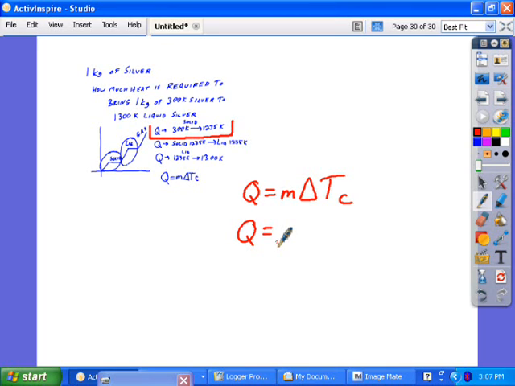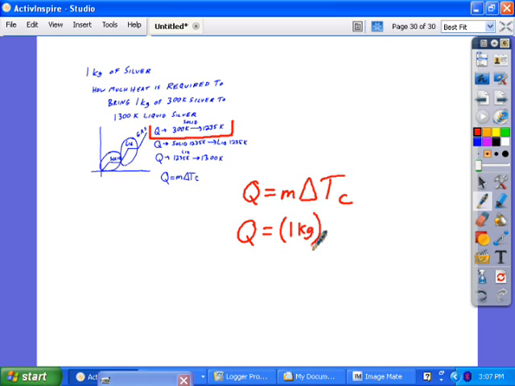Now, I am going to prefer to stick in units of joules for right now, because if you flip to page 487, you're going to notice that this stuff is in the form of kilojoules. So rather than converting things later, I'm going to leave them in the terms that I've got. So silver, specific heat, is 236 joules per kilogram Kelvin. So I'm going to be using kilograms here. So the mass is 1 kilogram.